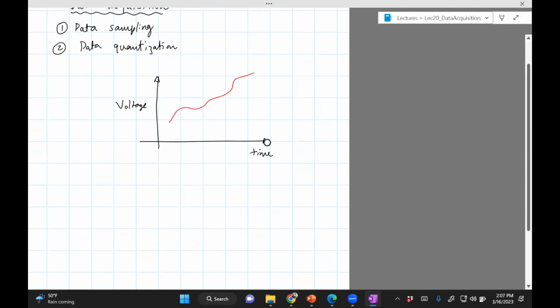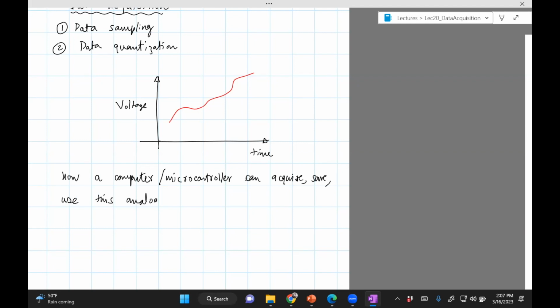And we are trying to understand how a computer or microcontroller can acquire, save, use this analog voltage.